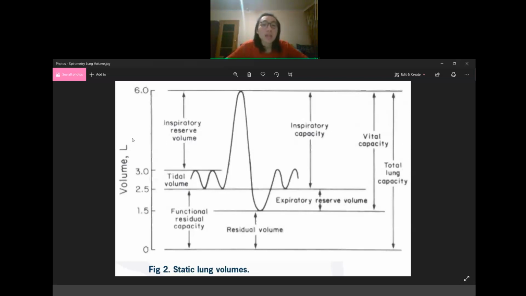So from this graph, you can maneuver around and find out how to get the values if you don't know how. Sometimes you don't remember the formula and stuff like that. Just remember this graph. You'll know how to calculate it just from the graph.